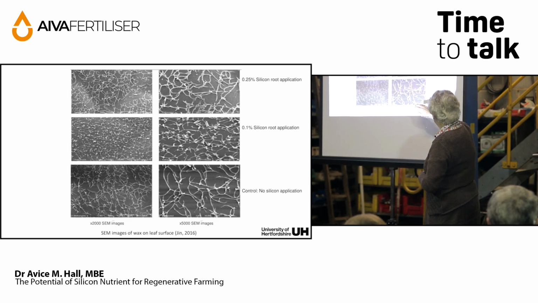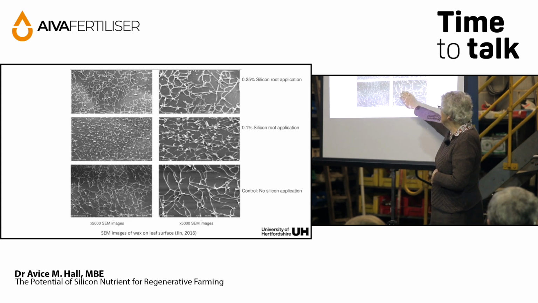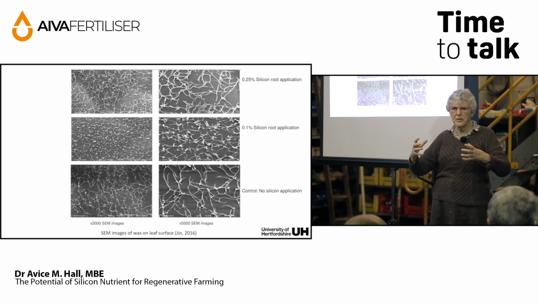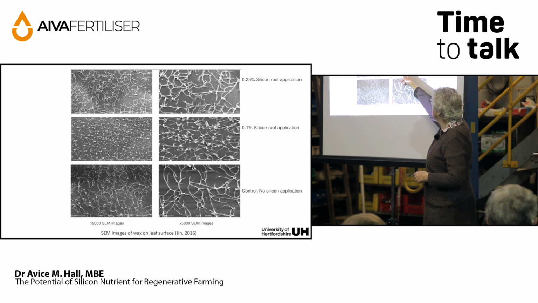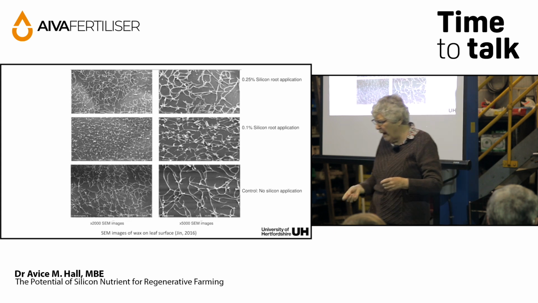And so this is the control. This was no silicon application. And I think you can see that the lines in the wax are quite far apart. But as soon as you get the silicon, then the lines are closer together. The wax is more lumpy.